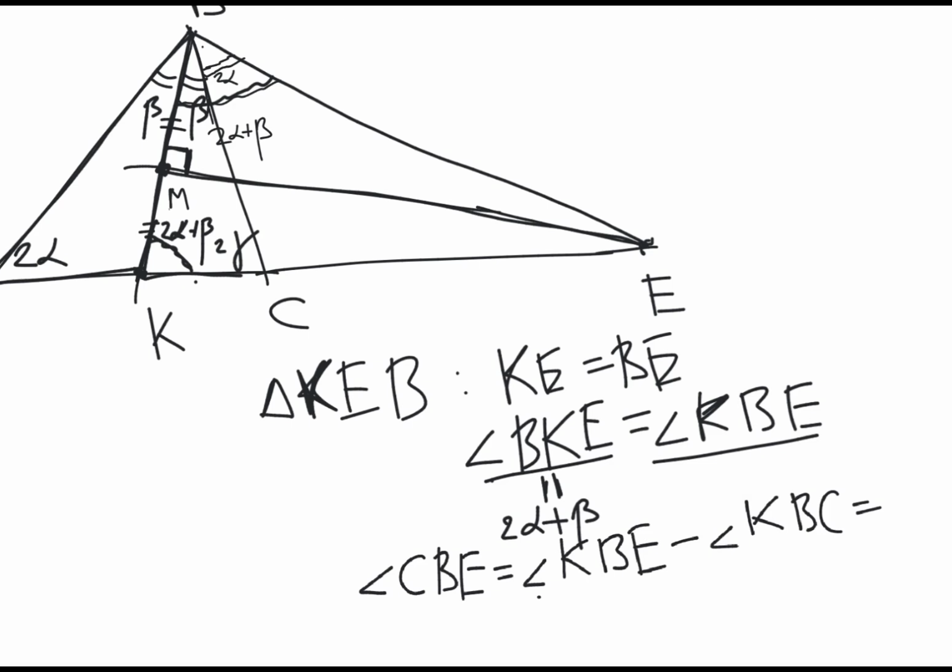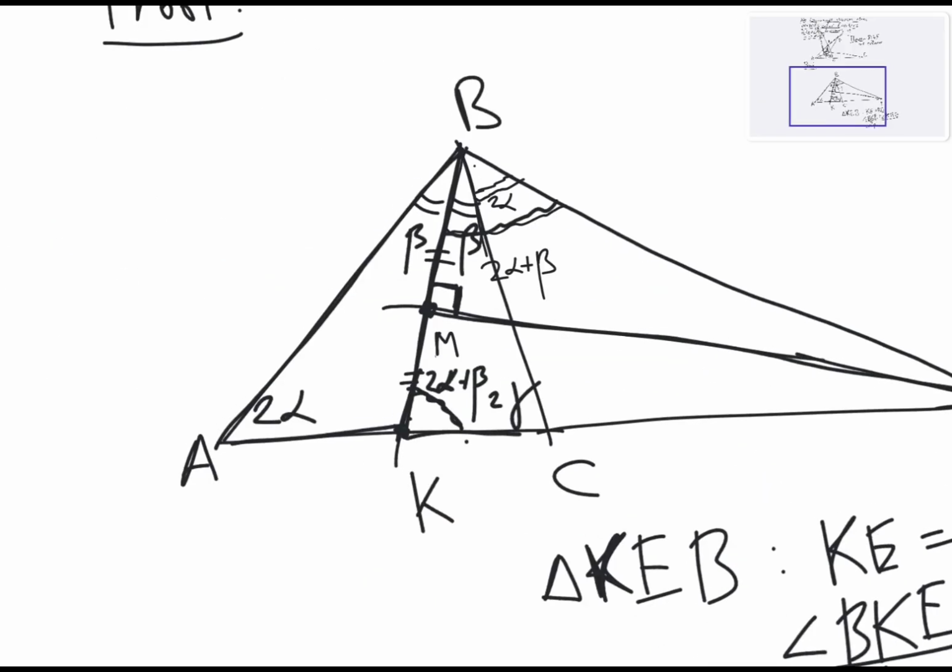So KBE we just calculated, it's 2 alpha plus beta, and KBC is just beta. So in total we have 2 alpha plus beta minus beta, and this is 2 alpha. So this angle is 2 alpha.